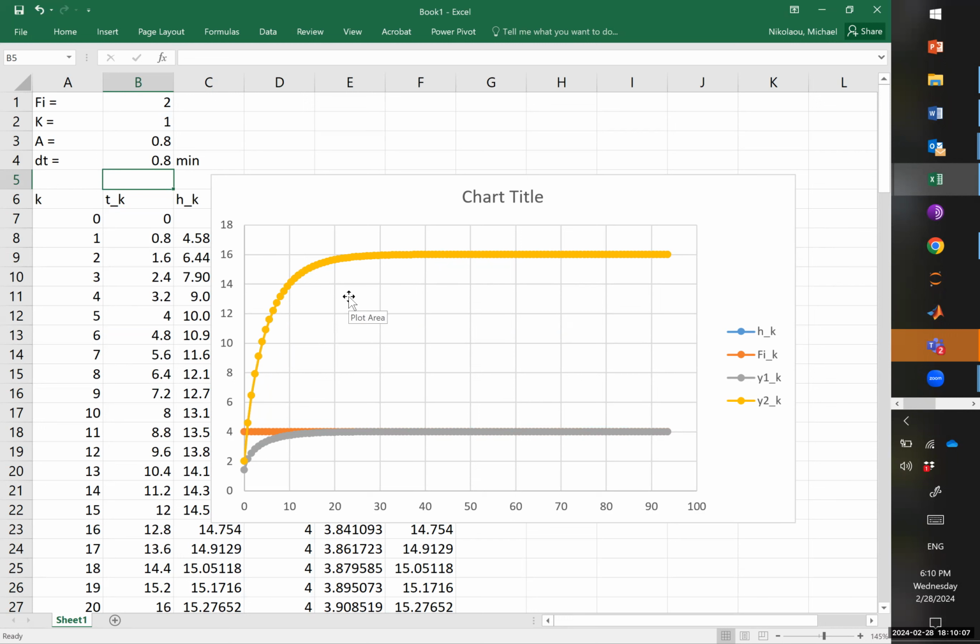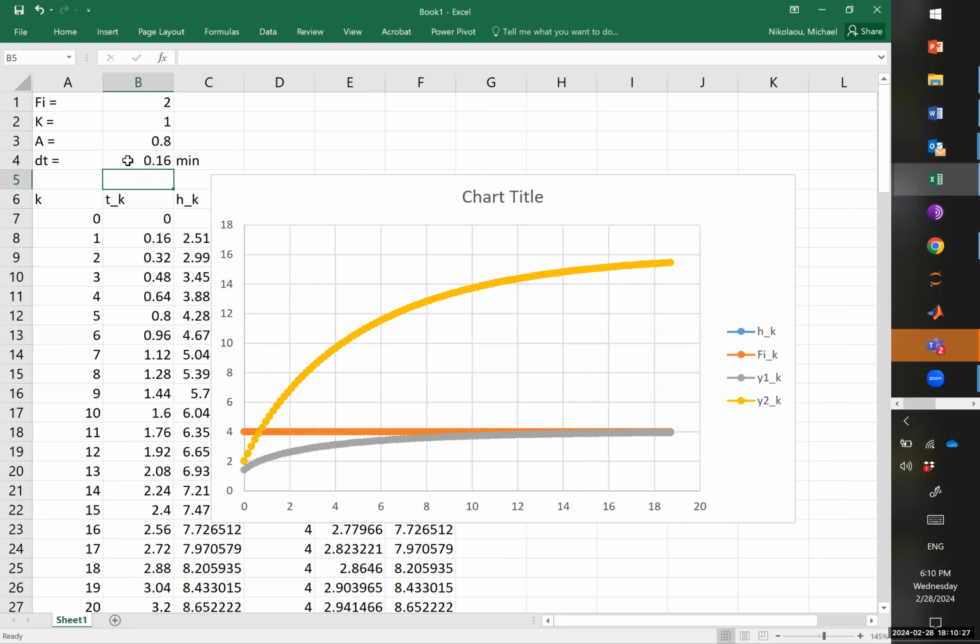combining two things. One is an approximation of a continuous time system by a discrete time system. And second is a numerical solution of differential equations. It's the same idea here for this example. If I overdo it, the approximation is not going to be good anymore. The method actually is going to result in some sort of instabilities. This is, sorry, 1.6.